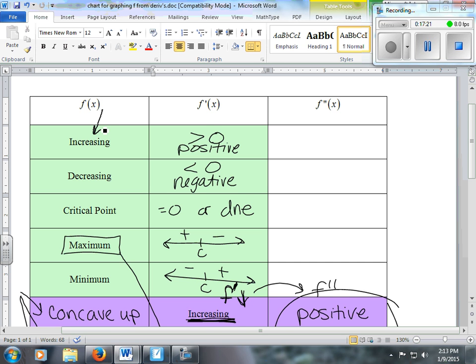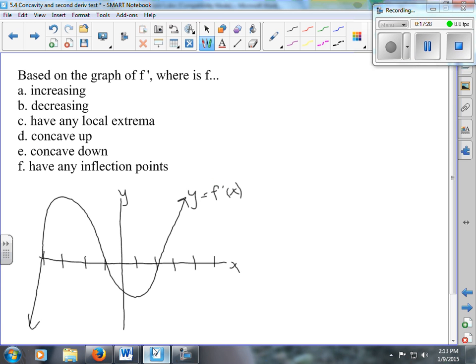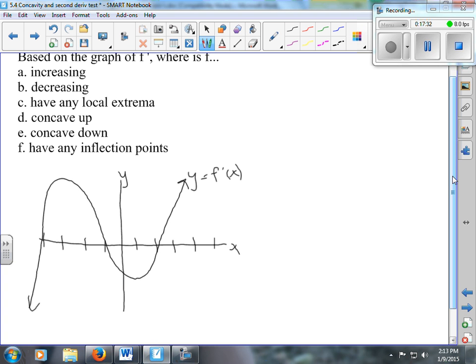F increasing, f prime positive. So you go back here, look at your graph, and you answer the question for where f is increasing. That is when f prime is positive. F prime is positive when f prime is above the x-axis. So that would be here and here. So let's say that's on the interval -4 to -1 and 2 to infinity.